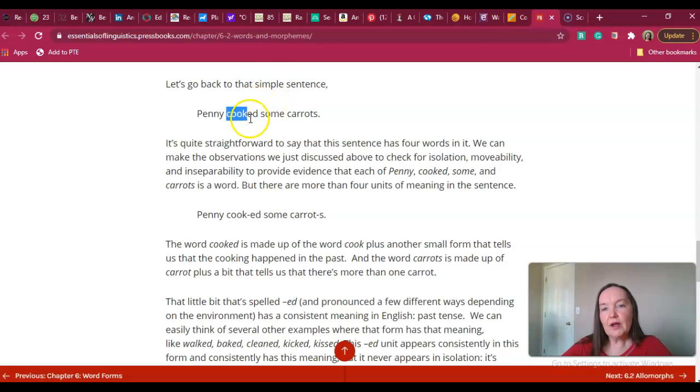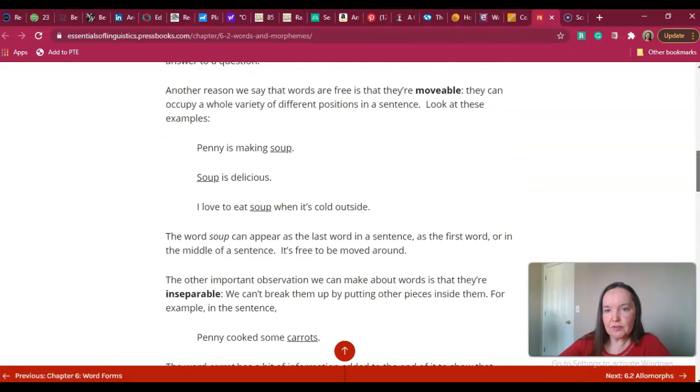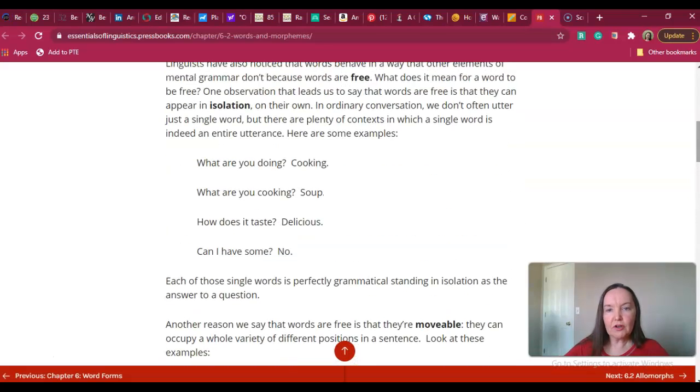Okay, so we know that that is another piece of the word. Can ed exist all by itself? No, you couldn't just answer that to a question, right? If you go back up to these examples we looked at in the beginning, what are you cooking? You can't just say ing, and it won't have any meaning, right?